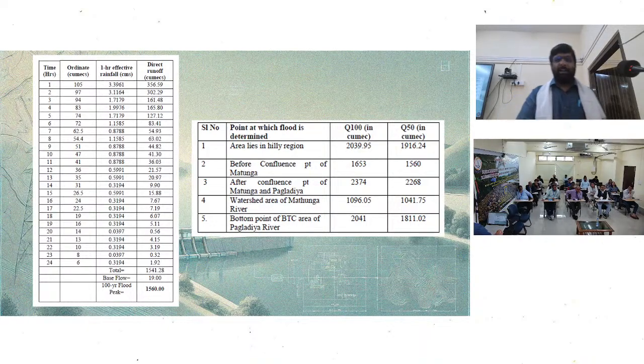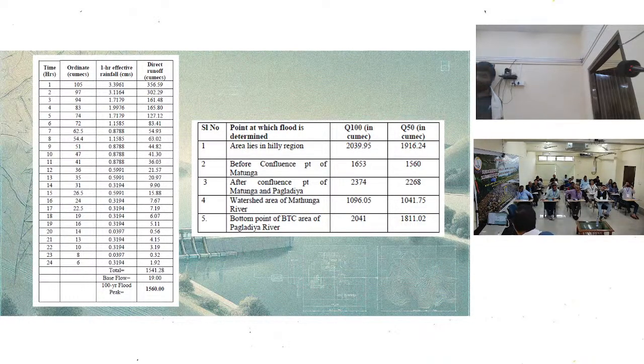So once we see that, you have 1 hour rainfall excess, you have the ordinate, you multiply it and you get this value. Now, whatever plate you are using for your hydrograph, if it is 100 years, all these parameters will be for 100 years. So we implement for that, and you finally get a value.